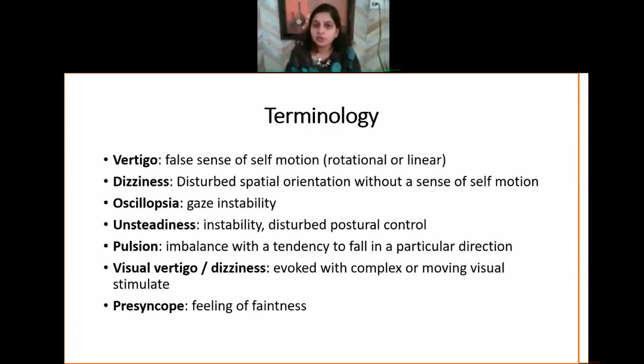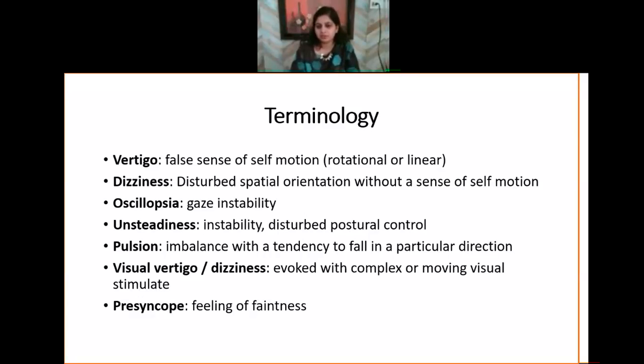Now, usually we can treat a vestibular patient in 4 to 6 weeks. In 4 to 6 weeks, you are able to treat them very nicely if it is peripheral vestibular, and if it is BPPV, within 1 or 2 sessions, their problem is solved. So it is very easy, but you just need hands-on experience with it.